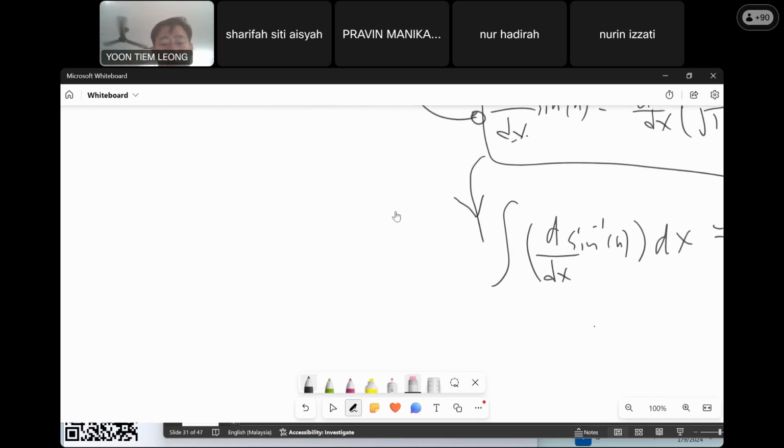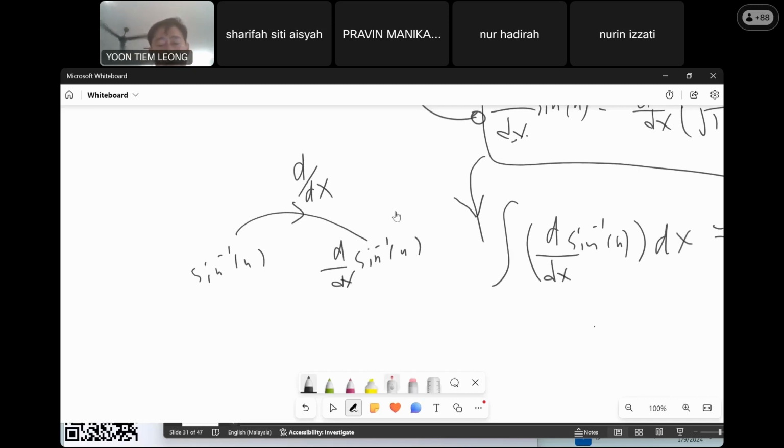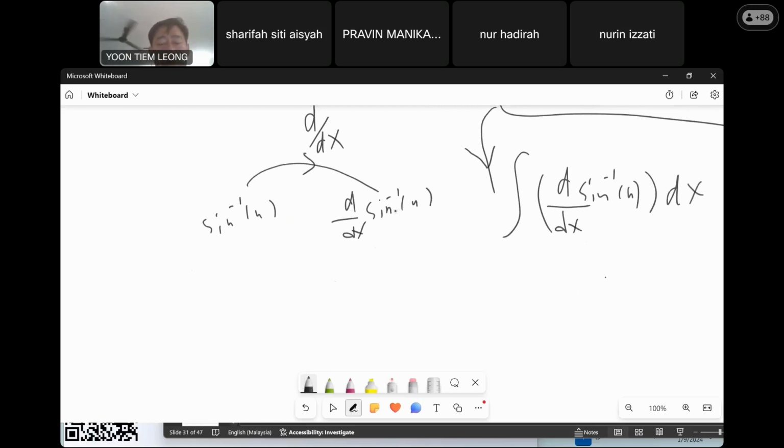Imagine that initially you have a function called arcsine of u. Then this object is differentiated by an operation. After taking the differentiation, arcsine of u is brought to d/dx of arcsine of u. Then you perform the inverse operation of d/dx, which is the integration. So you take the indefinite integration that brings this expression back to arcsine of u.